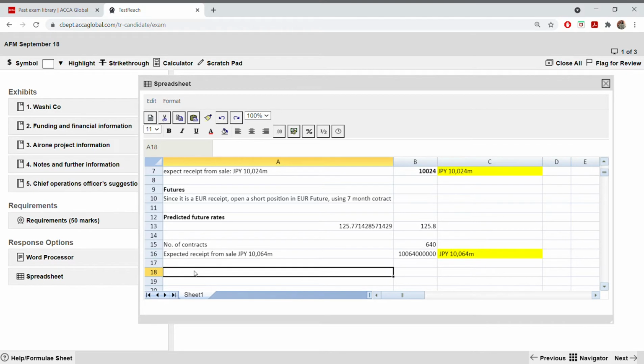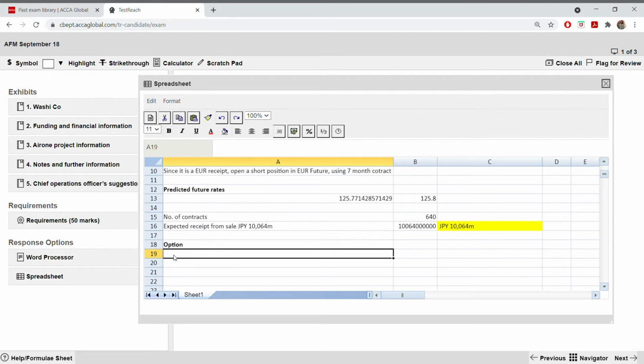Now, what is the next thing? Next is options. Now in options, what do you have to do? Option will be much easier. You can just write 640 contracts, because it's the same contract size and the same currency.